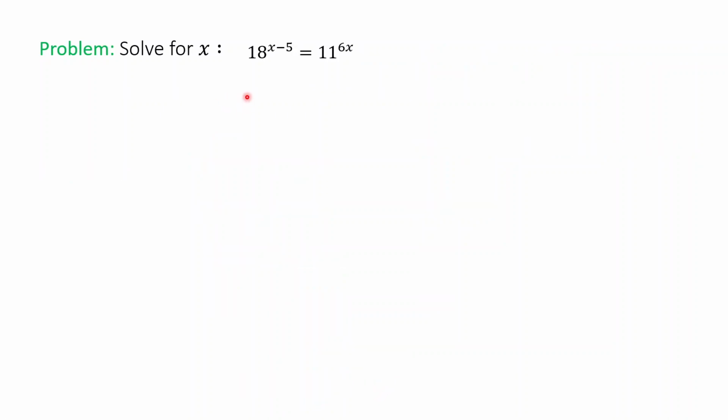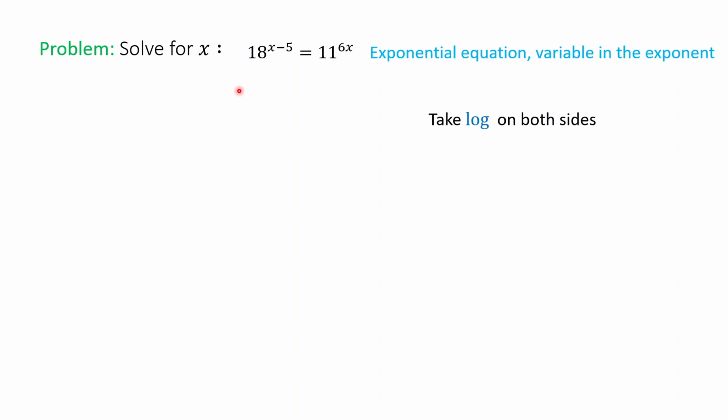Now I am going to solve this equation. This is also an exponential equation with a variable in this exponent and also in this exponent. You need to bring these exponents down by taking the log on both sides. So take log on both sides. You will get log of this is equal to log of this.